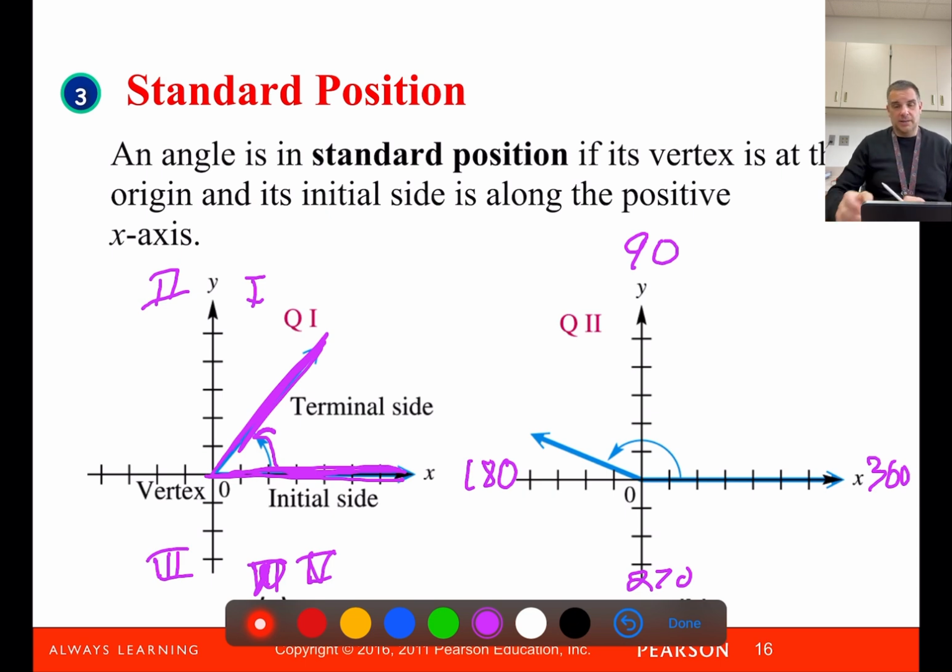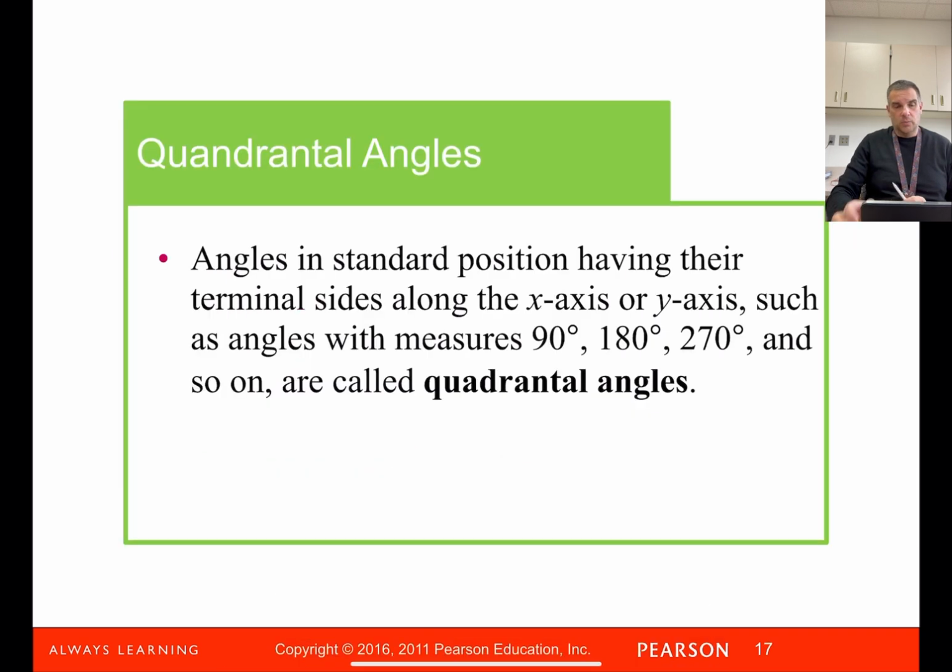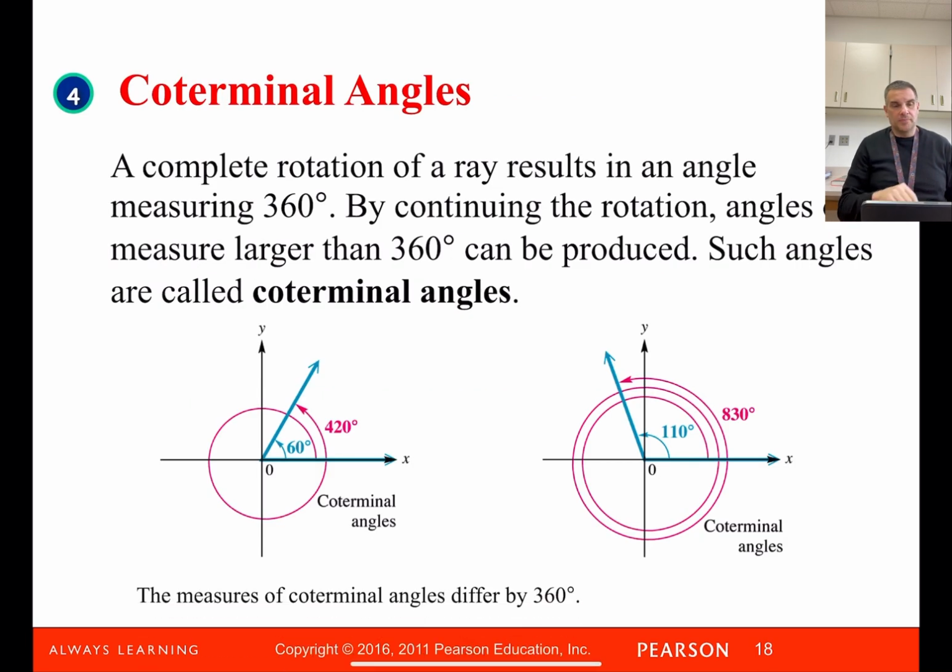And on the x and y axes you have 90, 180, 270, and if you go in the negative direction, it's negative 90, negative 180, negative 270, negative 360, and so on. So we can create different angles within here.